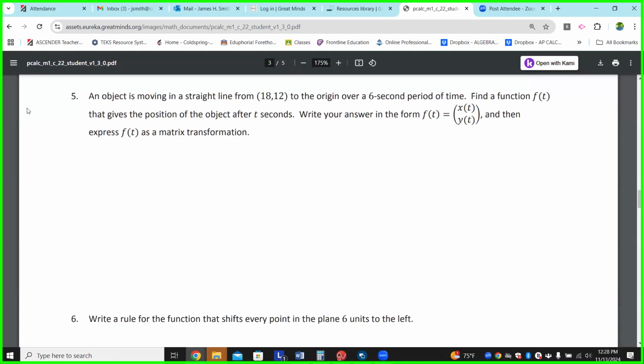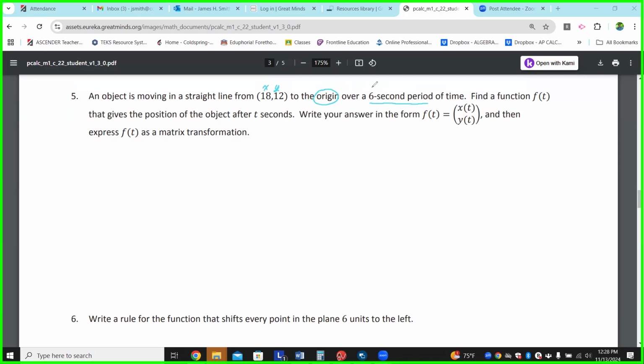So for starters, this right here represents your x. This represents your y. And we have a 6-second period going towards the origin. So for this 6, what kind of value would that be if you're here and you're going towards the origin? Not positive. You're going towards the origin.